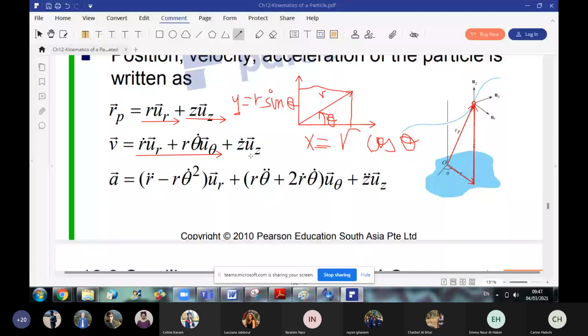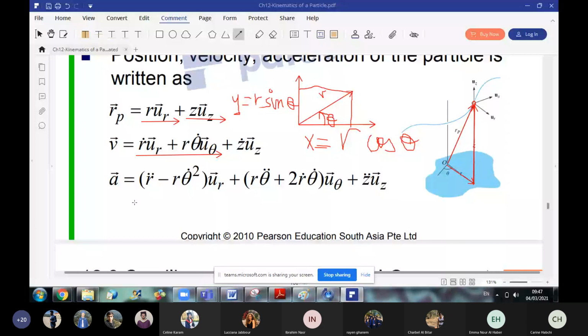Now, in case Z, the elevation, is not changing, in case Z is constant, so I'm moving in one plane, then the velocity will be restricted to the first two components. For acceleration, it's similar also.